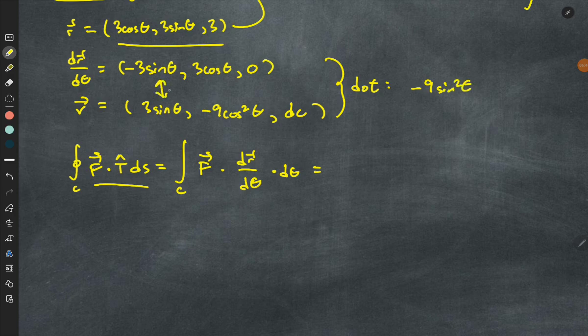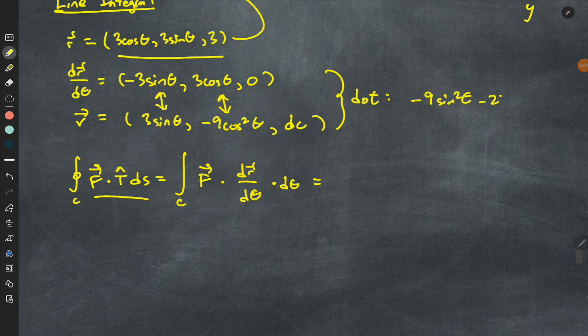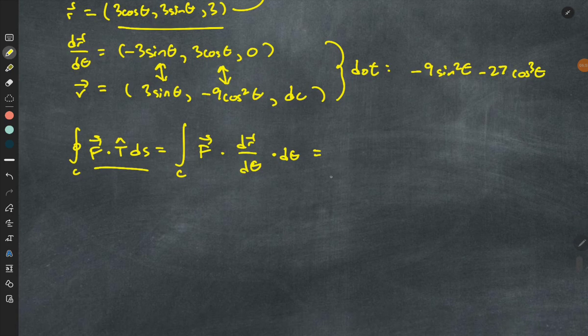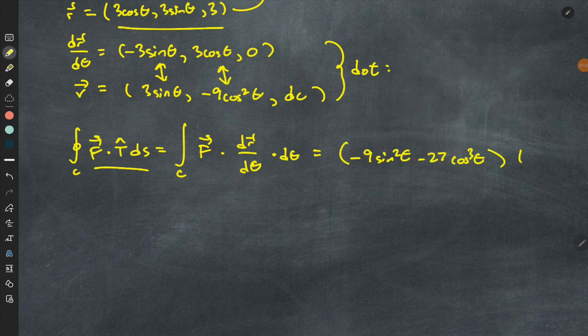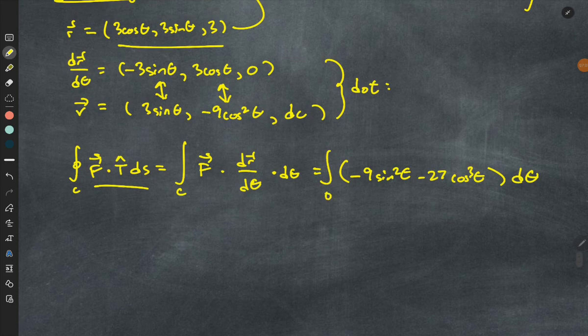Now we're going to multiply these, which should give us negative 27 cos cubed theta. Then you can plug it into here. We're integrating with respect to theta. It goes from 0 to 2 pi because we're making a circle, right?